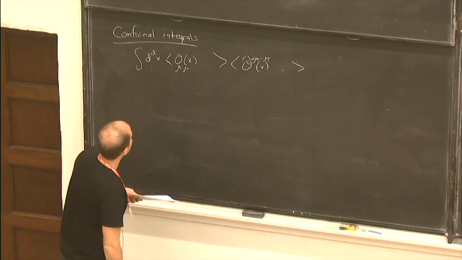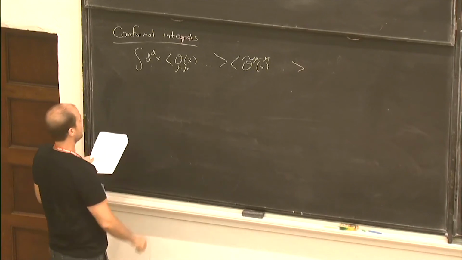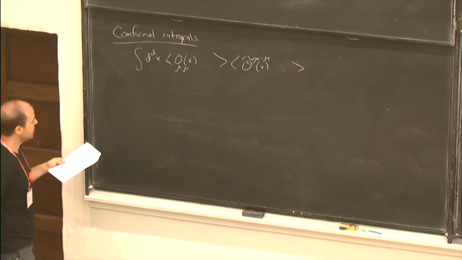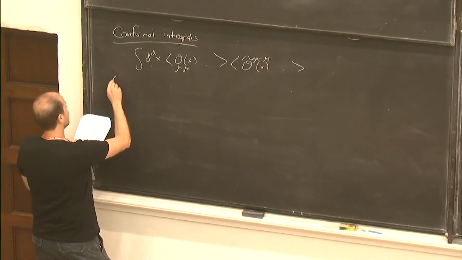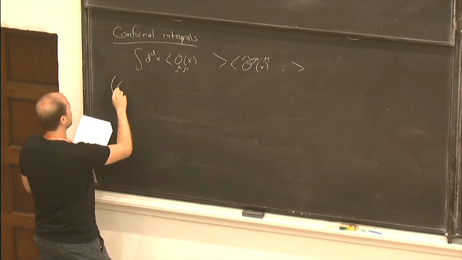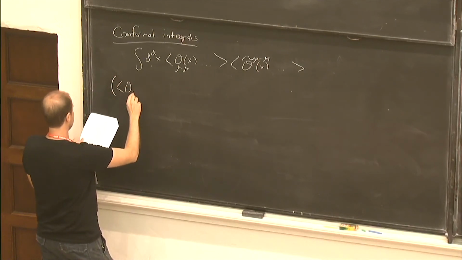Okay, so this is a nice conformally invariant pairing, and using this pairing, we can write down a nice pairing on endpoint structures.